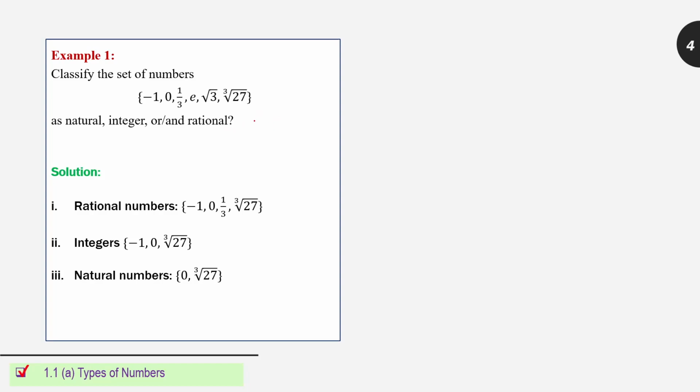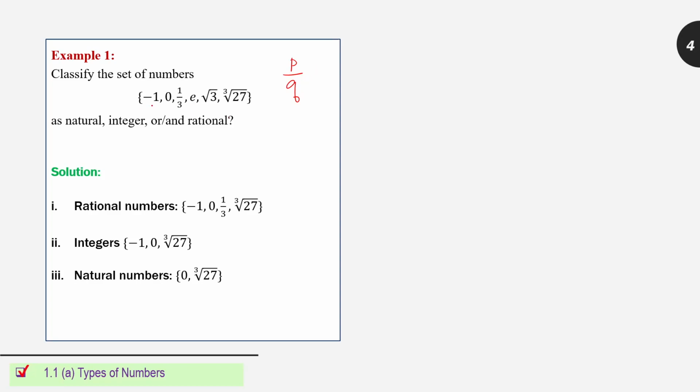We just classify them from the biggest one, the rational number, where a rational number is any number that can be written as p over q.